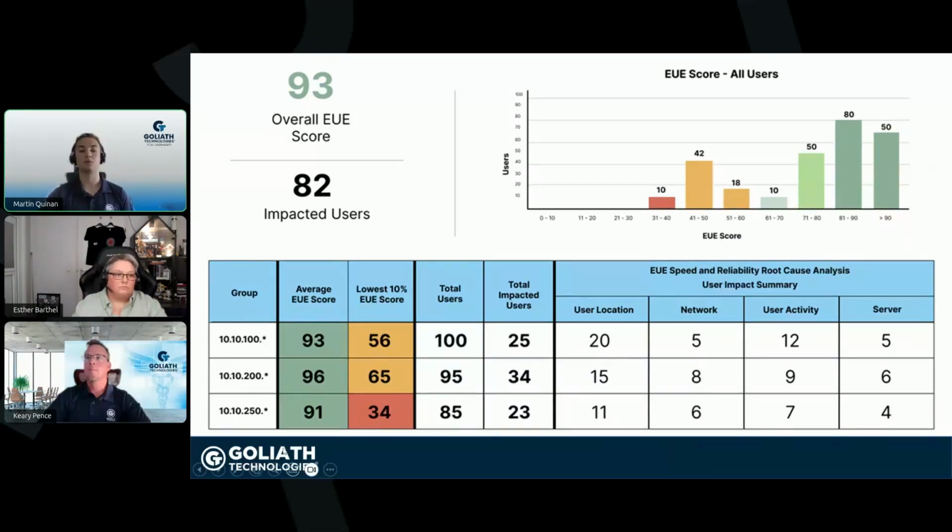So to be able to group them together and understand how we're doing at best, and you'll even see a lower 10% here, how we're doing at worst, who's really experiencing the worst within the subsection, is going to be a really important way to understand how those issues are surfacing.